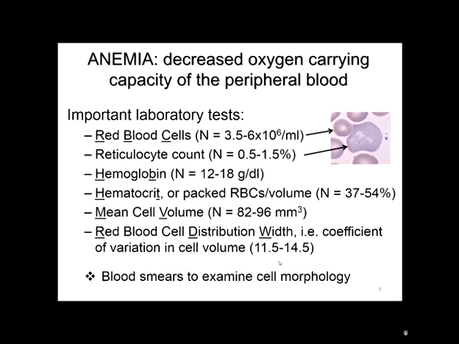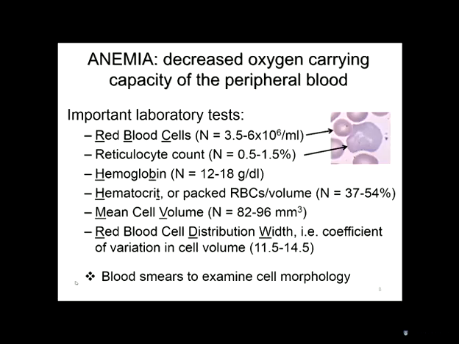So typically the coefficient won't go down, it will go up if there is an abnormality because there is increased variation in cell size, because something is happening in the bone marrow that's preventing normal regulation of red blood cell production.